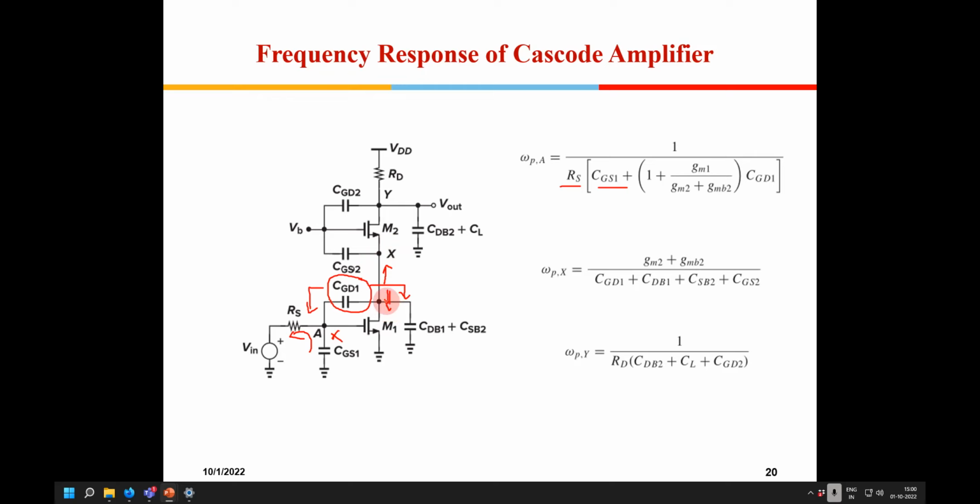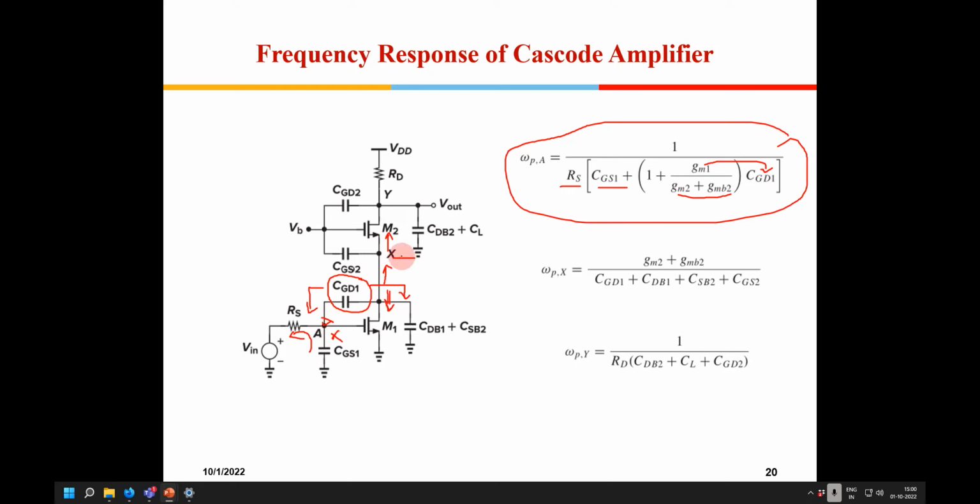When I am going to see from here, it will be 1 by GM, so that GM comes into CGD. And similarly, when I look into this, there will be GM2 plus GM. So these are the impedances. You club this, so this is one pole which is coming at this particular node.